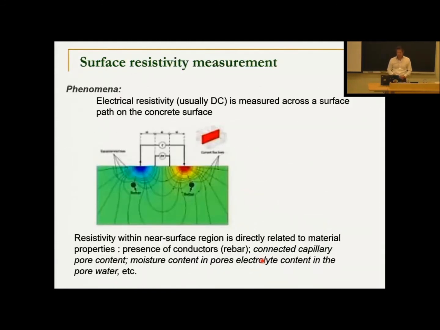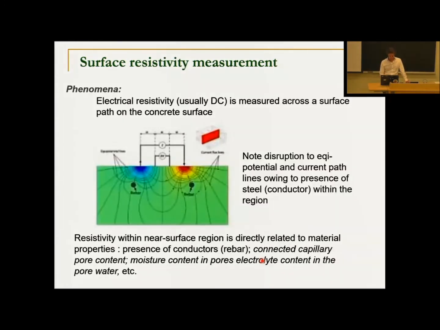And the idea is that this resistivity can be related to concrete properties. Right? When we have low resistivity or high conductivity, we probably have a porous material with high moisture content and high dissolved ions content. So that indicates concrete that's probably not durable.